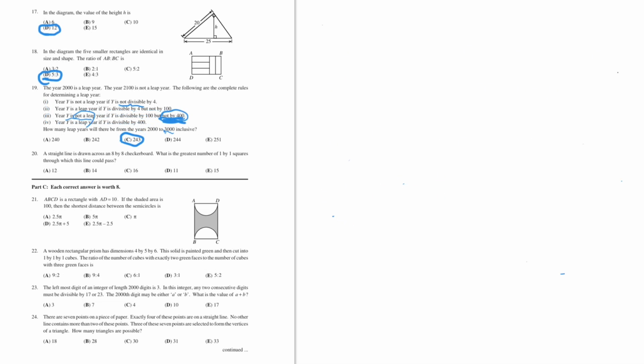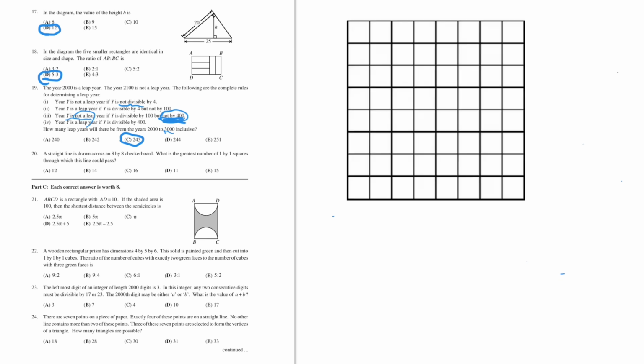Number 20. A straight line is drawn across an 8 by 8 chalkboard. What is the greatest number of 1 by 1 squares through which this line could pass? This is the 8 by 8 chalkboard.